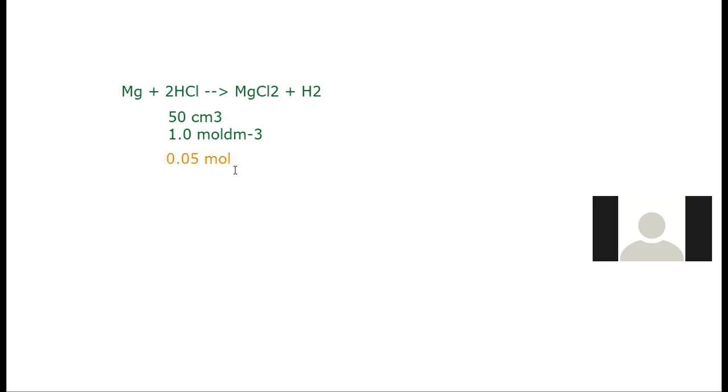Okay, now from here, we will know that when we want to know the volume of gas released, we are going to put the ratio, the HCl ratio to the hydrogen gas. Okay, and we will find that the ratio is 2:1.